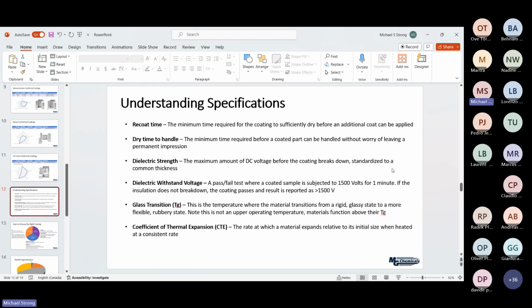And now some of the specifications. With conformal coatings, it's really hard to judge if a coating is better than a competitor coating on paper, because a lot of them kind of line up very similarly. They're qualified to the same standards. So it really comes down to customer validation to say that one coating did outperform.